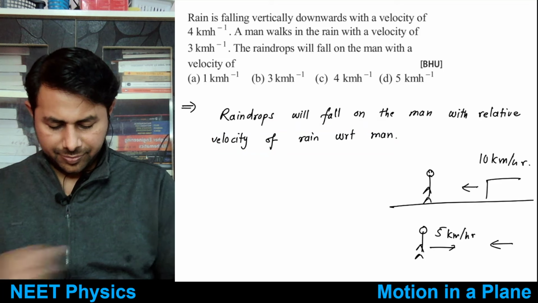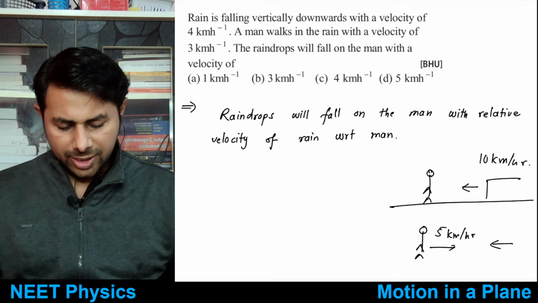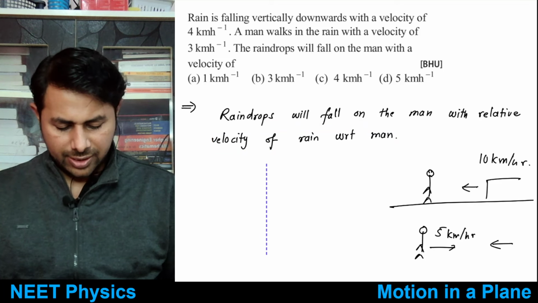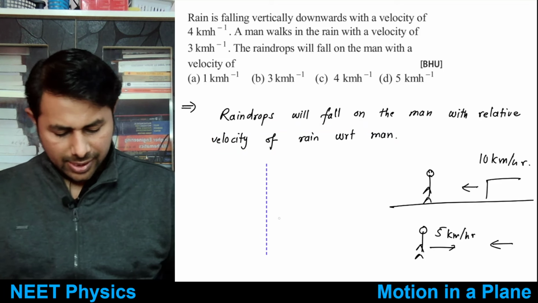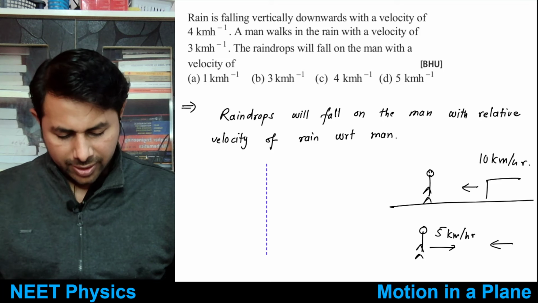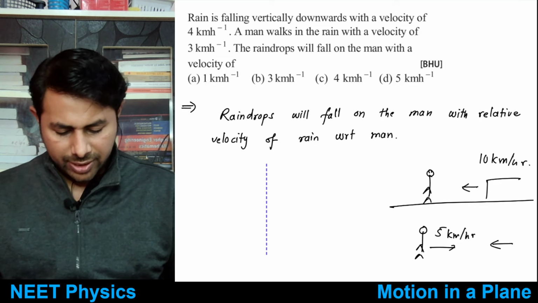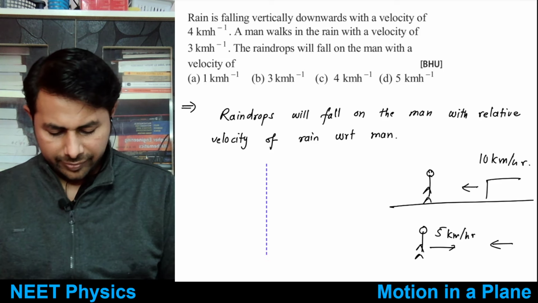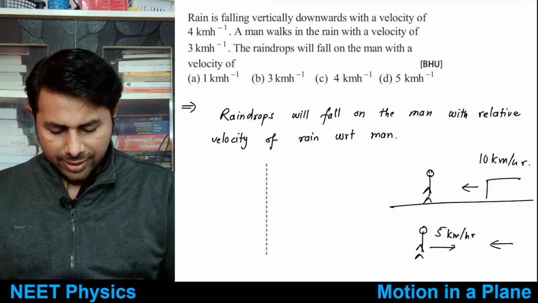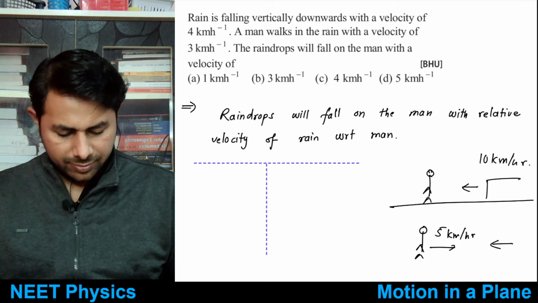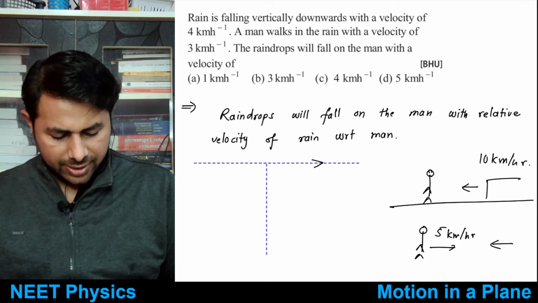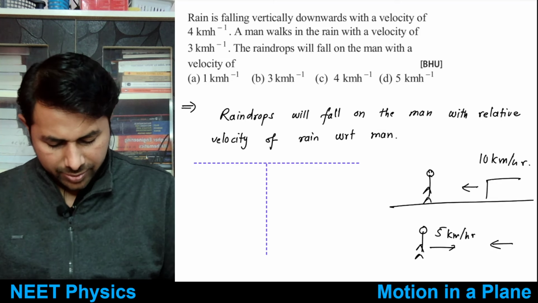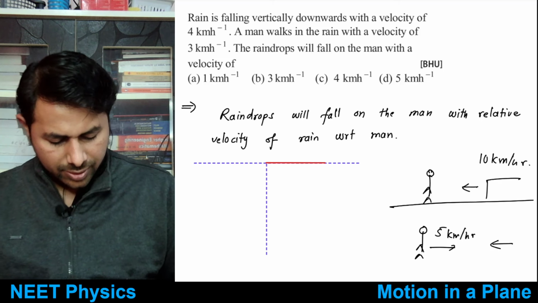So see how. Rain is falling vertically downwards only, it's given, with some speed 4 kilometers per hour. Man walks in the rain with the velocity of 3 kilometers per hour. So suppose man is walking in this direction with a speed of 3 kilometers per hour.